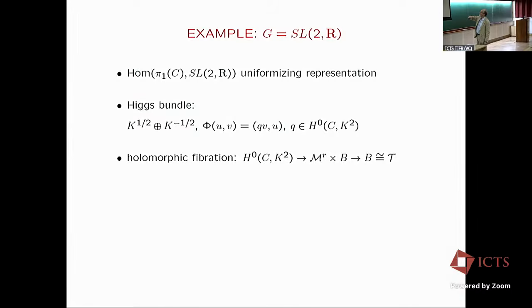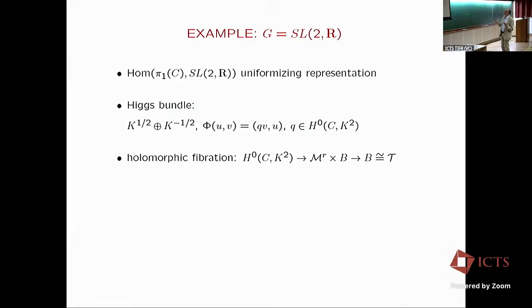So what we get is a holomorphic structure on a bundle over Teichmüller space, whose fiber is the space of quadratic differentials. That in itself is suggestive of how we might understand this.